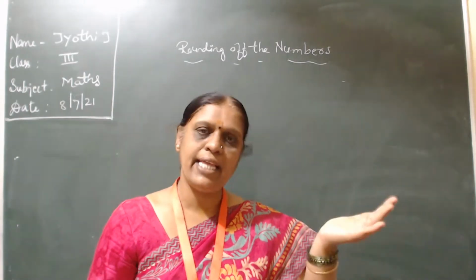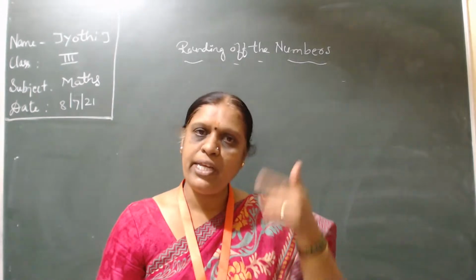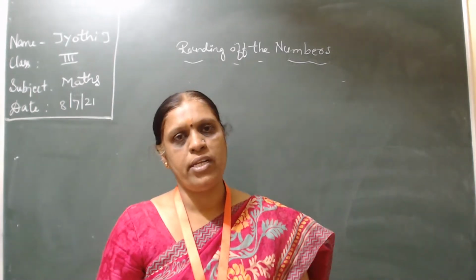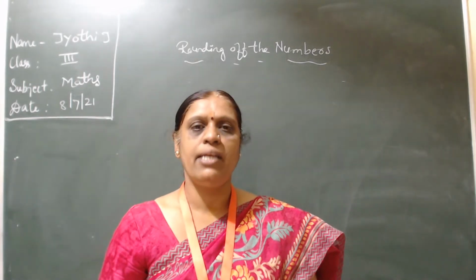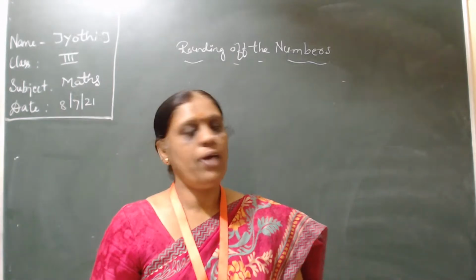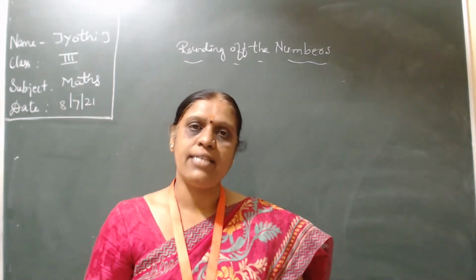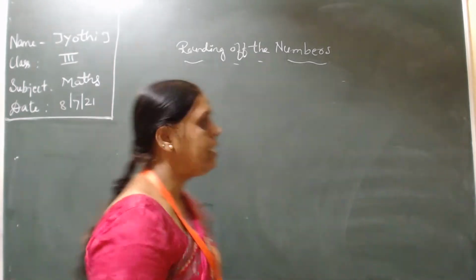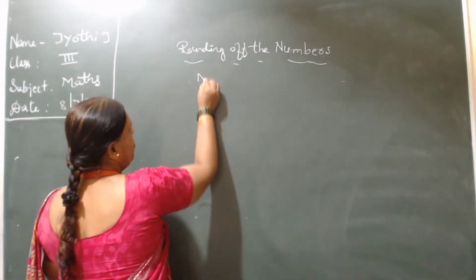Instead of saying the exact number, if we round it off to the nearest tens or hundreds, it is called rounding to the nearest tens and hundreds. Today I will once again explain rounding to the nearest tens.